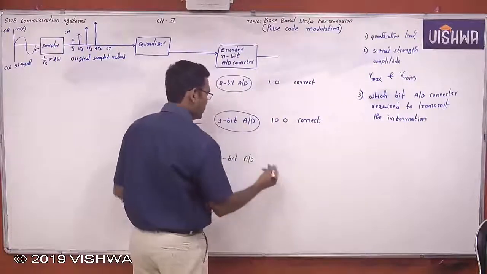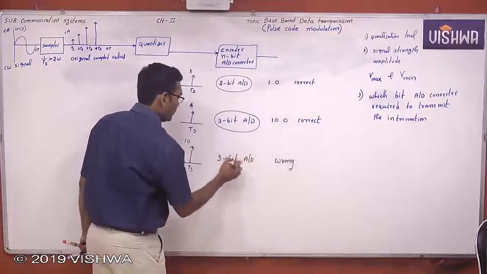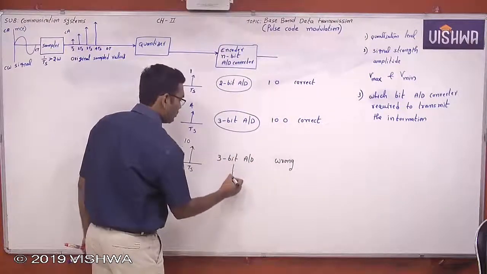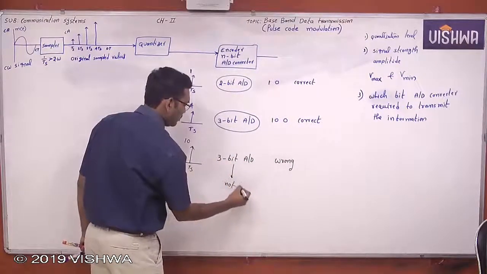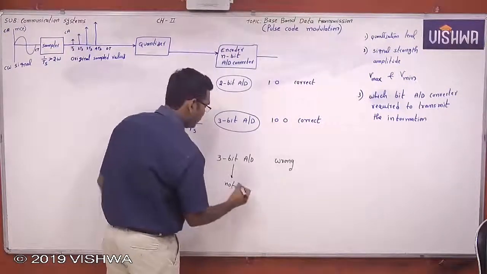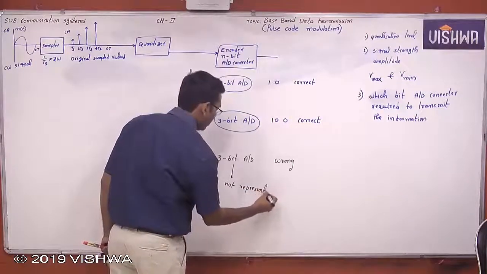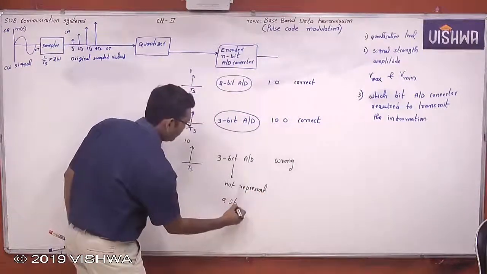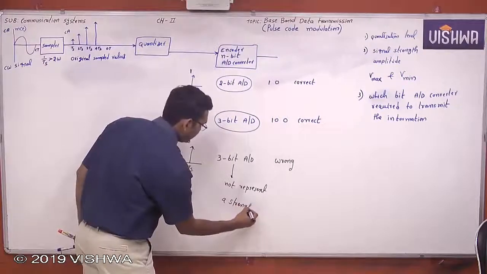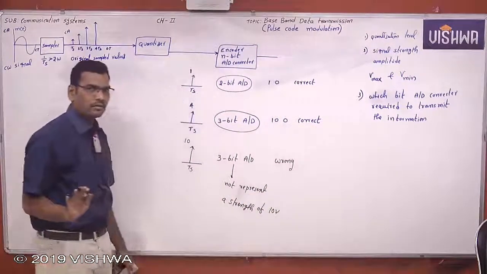Now this is wrong. 3 bits cannot represent a strength of 10 volts. Clear or not?